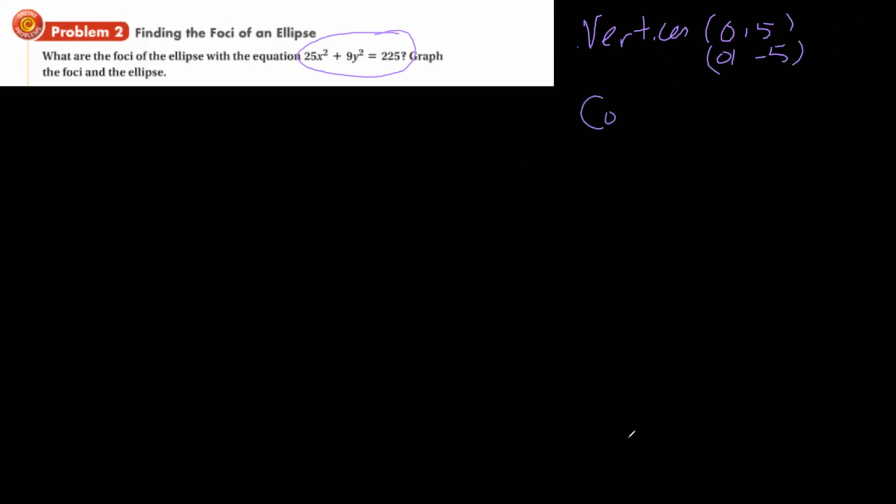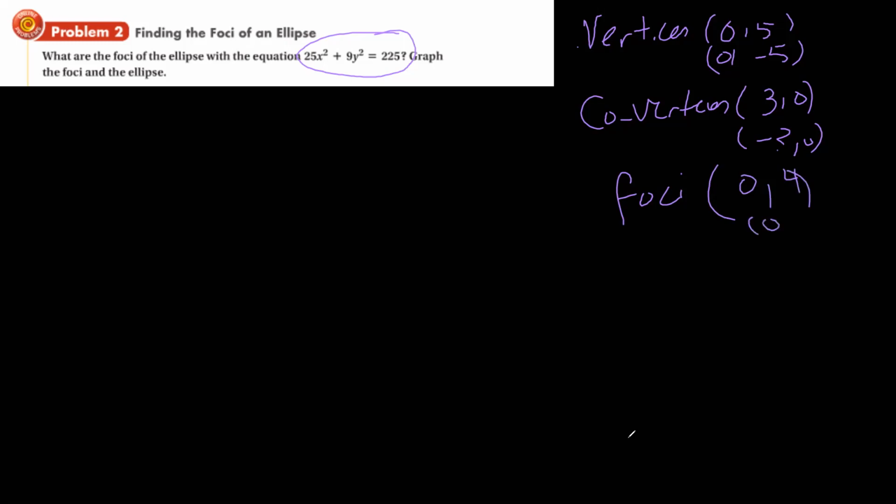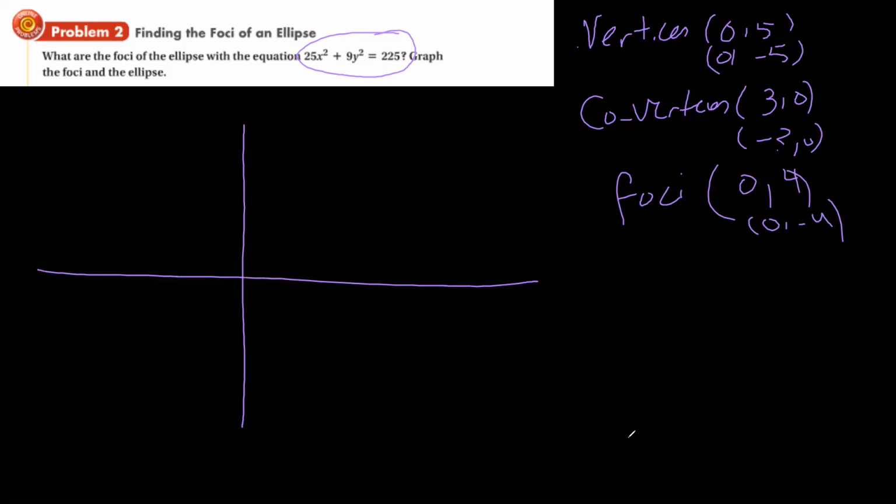And we have the co-vertices that were 3, 0 and negative 3, 0. And we have the foci that were 0, 4 and 0, negative 4. And we say that it is a vertical ellipse. So now the first step, let's plot the points.